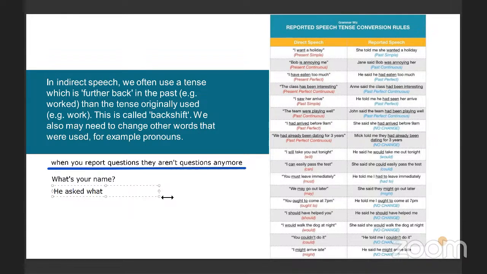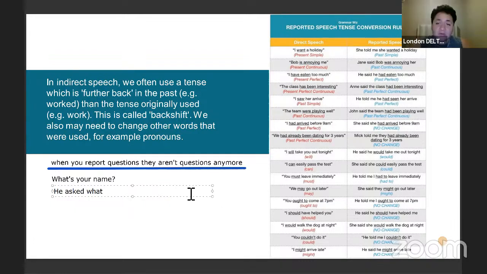Simple present. Simple present, and here you need to change to... Past continuous, no. Present continuous changes to past continuous, but this is simple present.